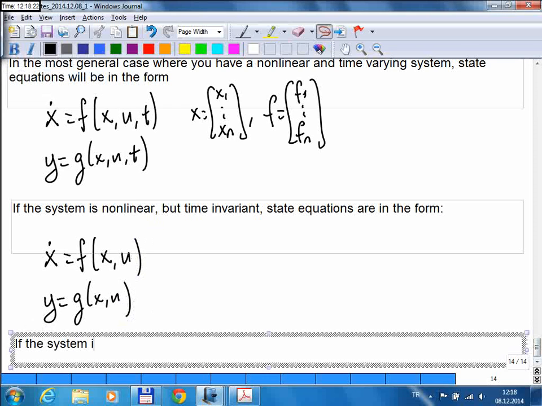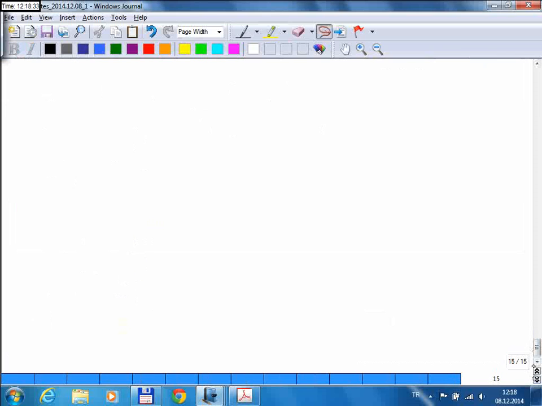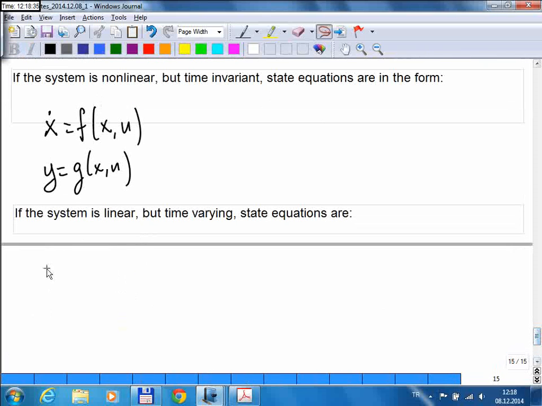If the system is linear but time varying, state equations are linear equations, but they are time varying.